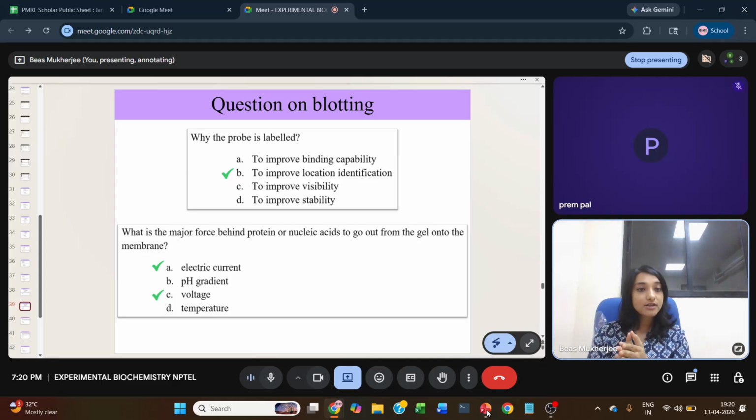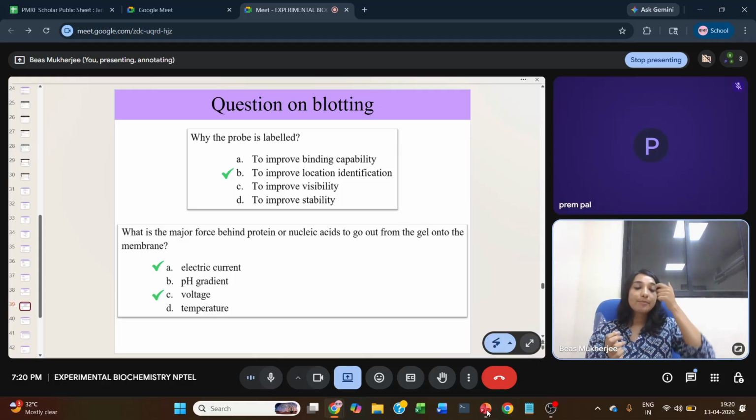For the second one, the negatively charged molecules are all traveling with the current toward the positively charged electrode. In between, they meet the membrane. The membrane is chemically modified in such a way that it will stop all these negatively charged molecules, be it DNA, RNA or protein, and that is why blotting happens.